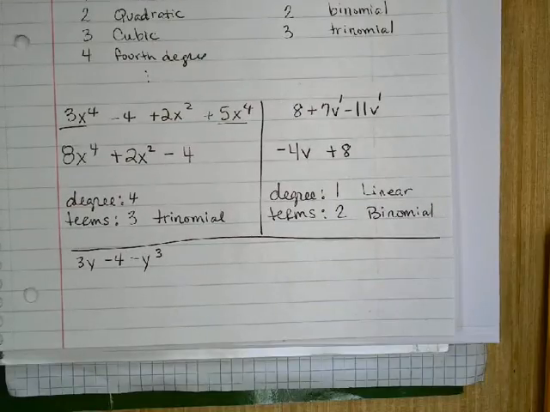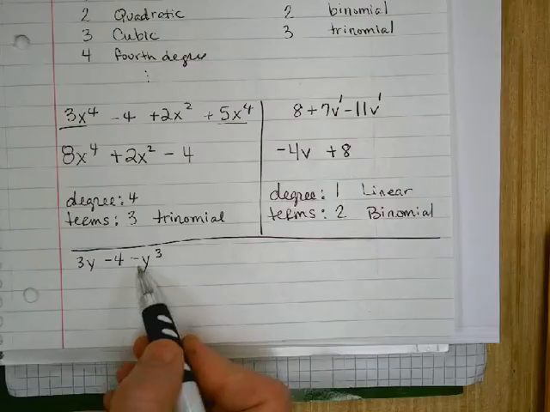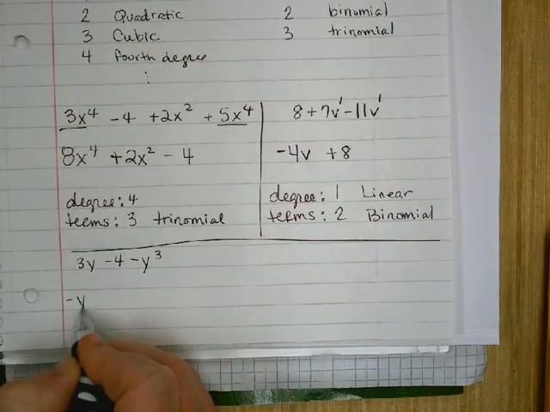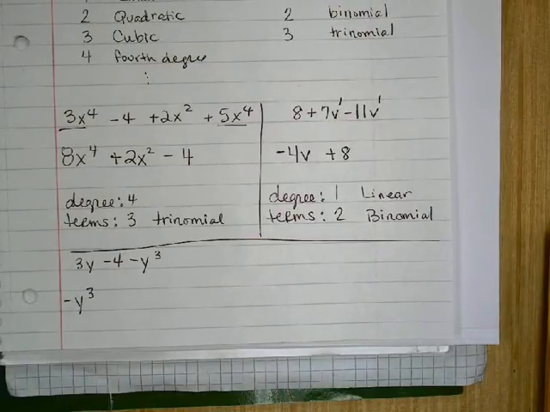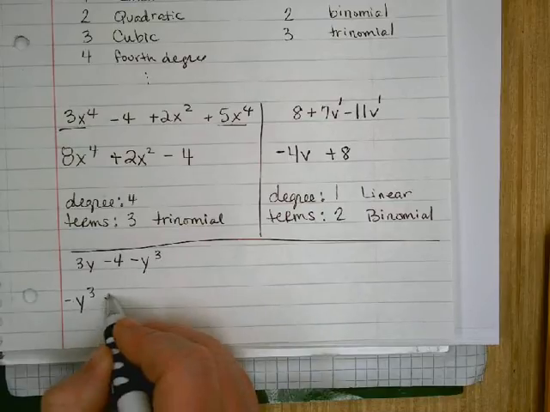Help me do this one. Hallie Kate, what do you think goes first? Which one? Y to the third. And take its sign with it. Negative y to the third. Okay. What goes next, Jessie? Plus 3y.